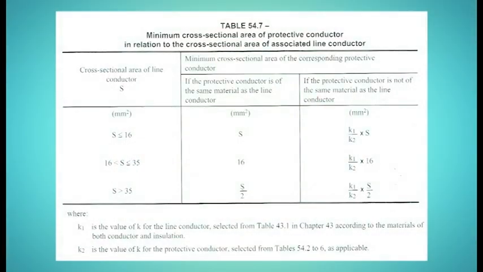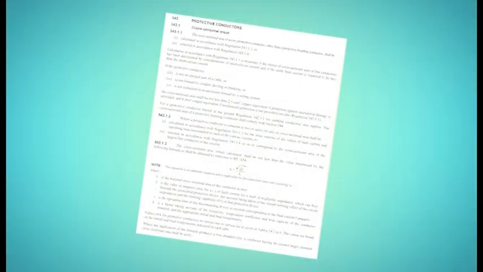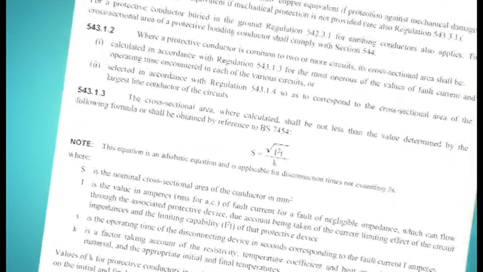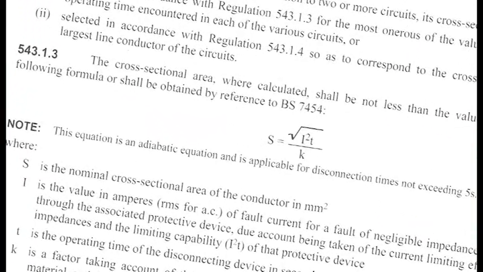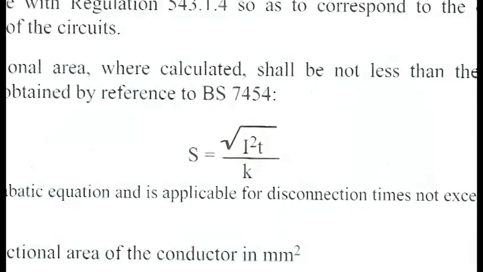So looking at the relevant table in the regs, table 54.7, we can see that 16mm squared is acceptable. If the cable was smaller than that listed in the table, then you'd have to use the adiabatic equation in section 543 to check that the smaller conductor is acceptable and will be able to carry any prospective fault current without being damaged. We do cover the adiabatic equation in another video available on the Learning Lounge.